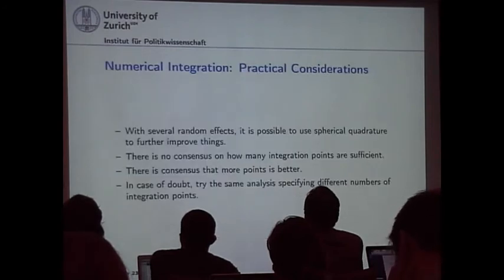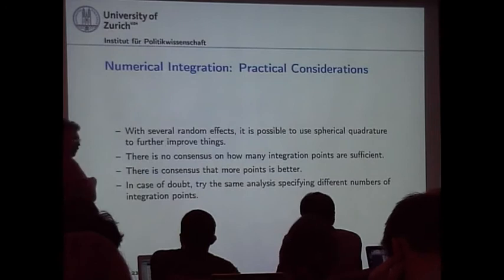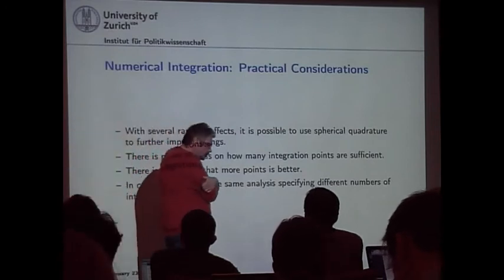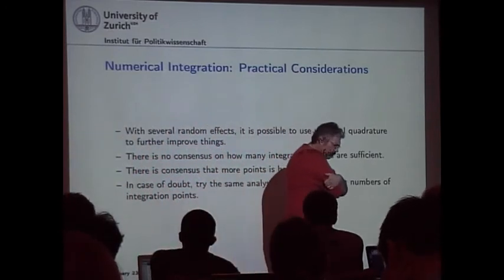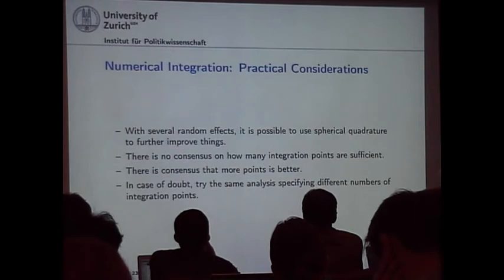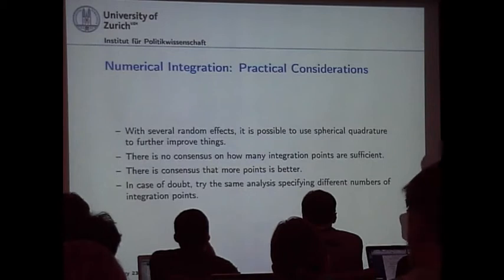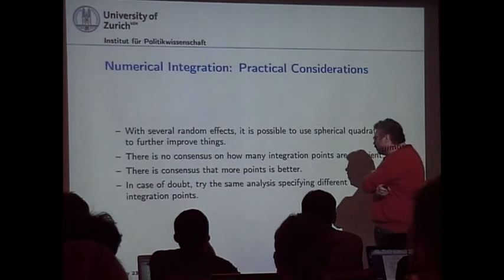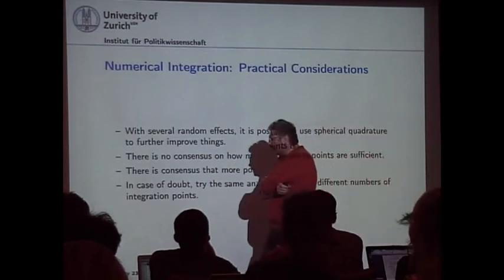And what is problematic is that there's no consensus on how many integration points you should use. What they themselves say is, well, estimate it with one set of quadrature points, and then increase the number and see if things change, which is not really very helpful advice.